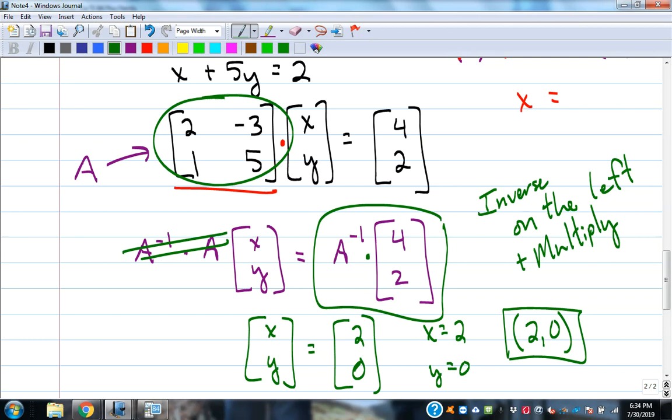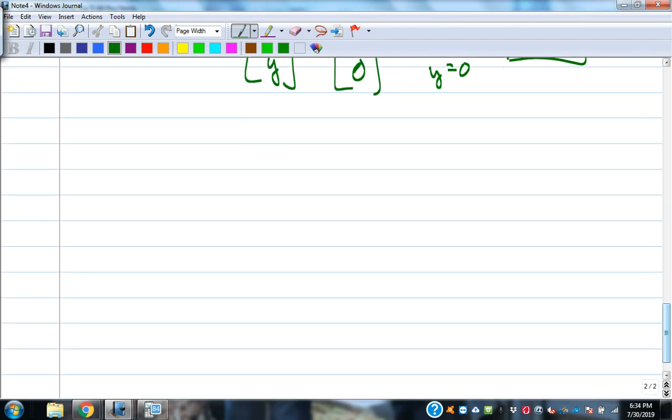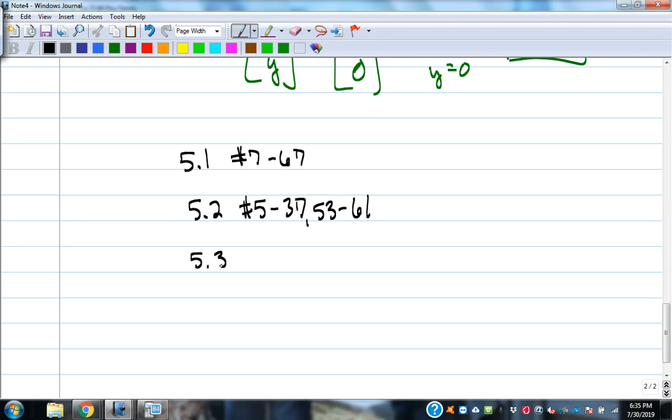All right. Suggested problems from these sections, and then we'll take a short break and then come back and finish up the nonlinear systems. Suggested problems will be from 5-1, 7 through 67. Good set. 5-2, 5 through 37, and then there's a set, 53 through 61. 5-3, that was the determinants.